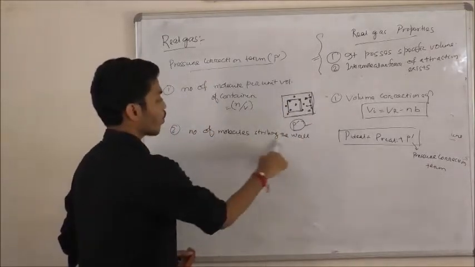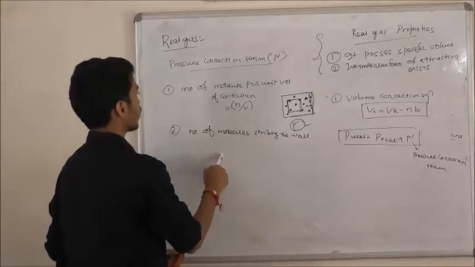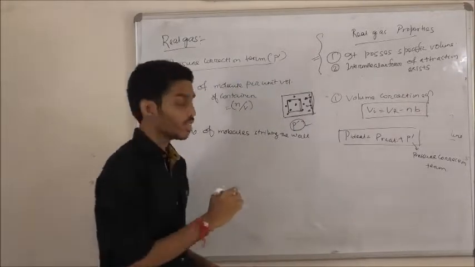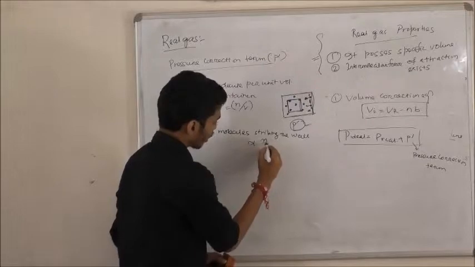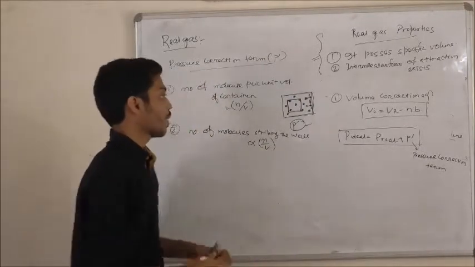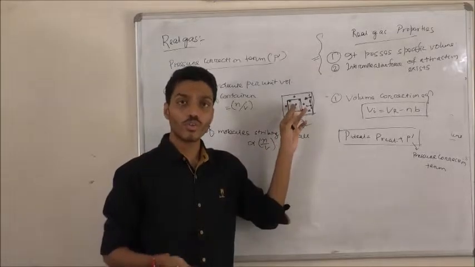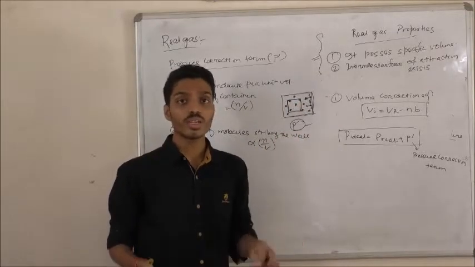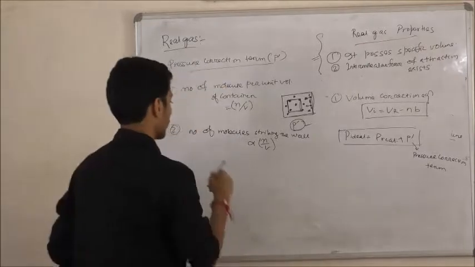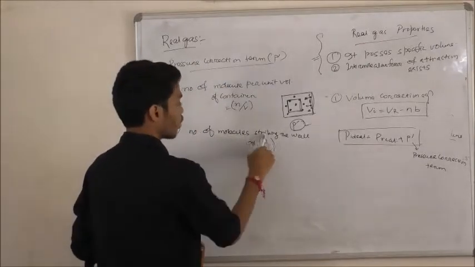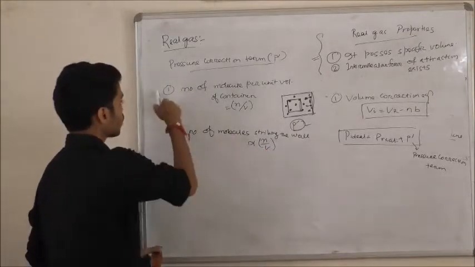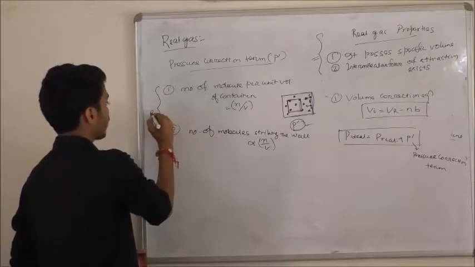So the number of molecules striking the wall also affects the pressure correction term, and this is directly proportional to N by V. Why? Because if the number of molecules per unit volume increases, then obviously the number of molecules striking the wall also increases. Now both these affect P dash.